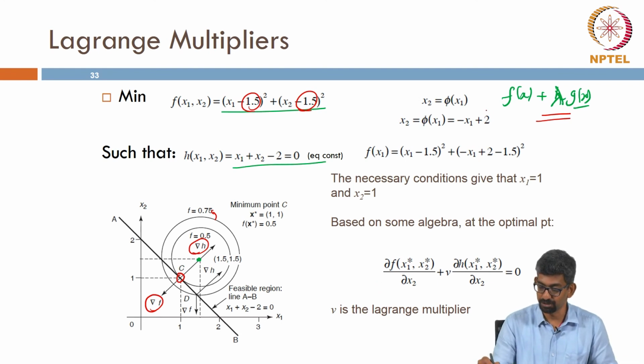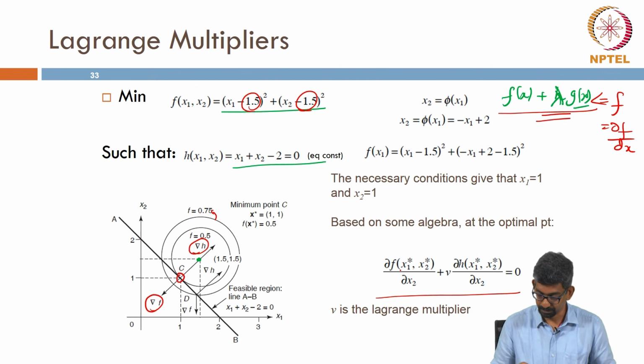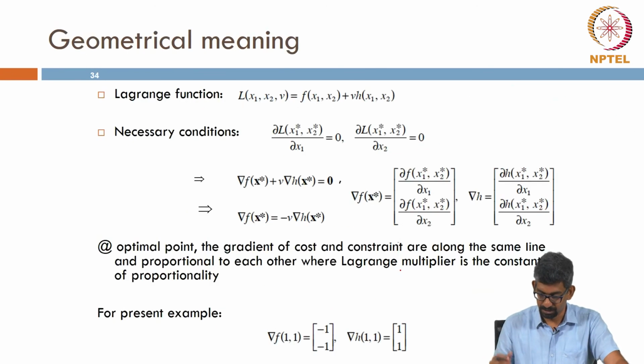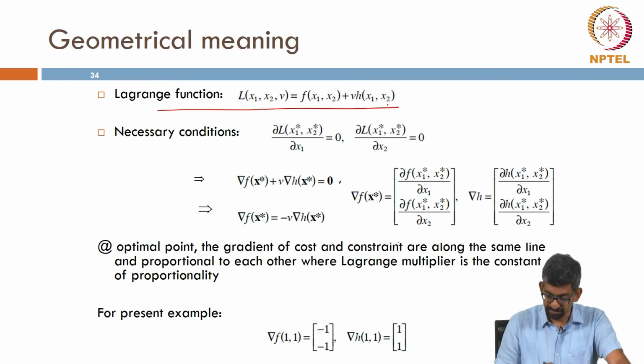So, if I rewrite your equation like this, if I call this guy as f, then if I want to find the minima, then I should say dou f by dou x equal to 0, that is what we are trying to do here. Okay. And that v or whatever, lambda, is your Lagrangian multiplier. So, you recast your problem using a Lagrangian function, then you come up with your necessary conditions.